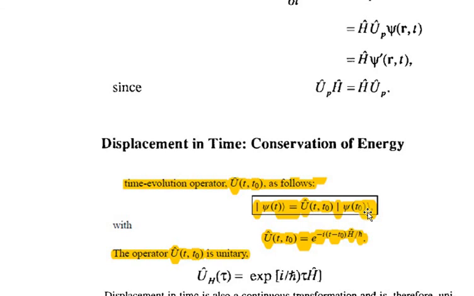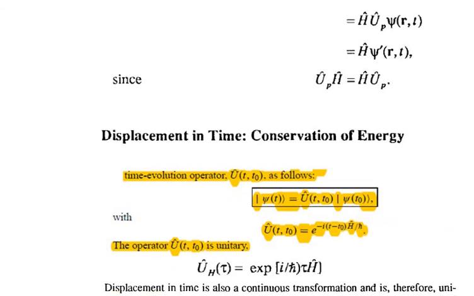That means the time evolution operator transforms a time independent wave function into a time dependent wave function, where U of t, t0 equal to e power minus i (t minus t0) H by h cross.